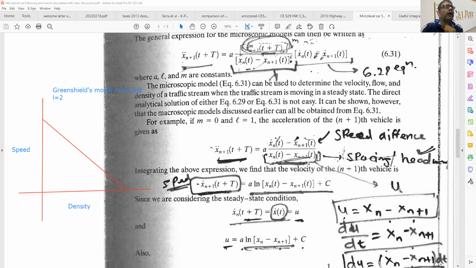But if you substitute M equal to 0, this piece of the equation right here goes to 1, and then the whole numerator is x_n dot (t) minus x_{n+1} dot (t), the speed difference, divided by, and you assume L to be equal to 1, so x_n(t) minus x_{n+1}(t) becomes just that. This becomes raised to power 1, which is nothing but, you might as well not have it here.